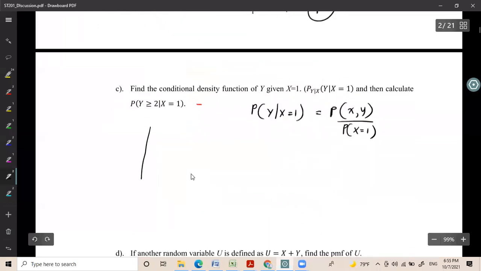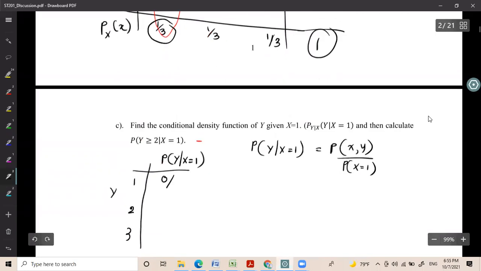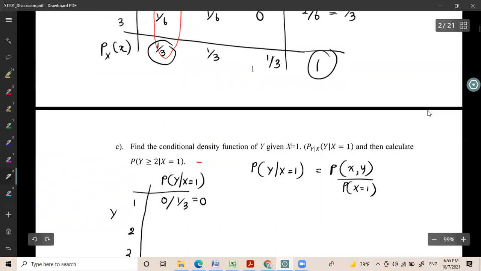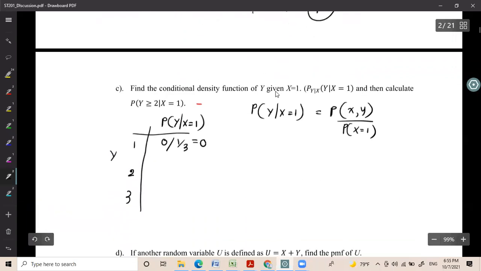So let's write it down. Y given x equals 1, y will be 1, 2, or 3. So joint density of x and y, when x is 1, y is 1. What is it? 0. 0 divided by the given one, probability x equals 1 is 1/3. So this will be 0. The next one, y 2, x 1, the joint probability is 1/6 divided by P of x equals 1, which is 1/3.